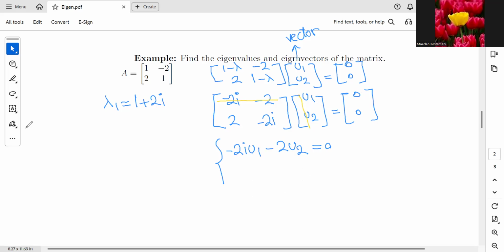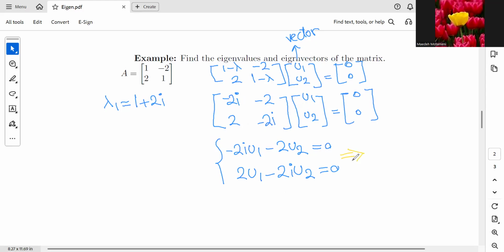Now we're going to multiply the second row by the column. So we would have 2 times v sub 1 minus 2i v sub 2 equals 0. Why do we do this? We do this in order to find the eigenvector. We are going to find how this matrix affects the given vector.